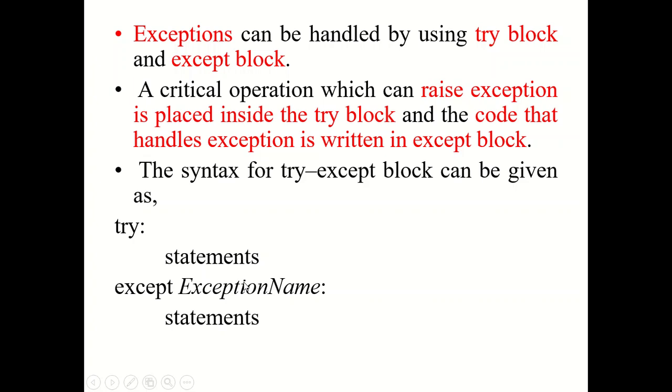We already saw some built-in exceptions: zero division error, key error, index error, and many more. If the try block is executed successfully, except has no work. If the try block runs abnormally, it shows an error and the exception is involved in the program.